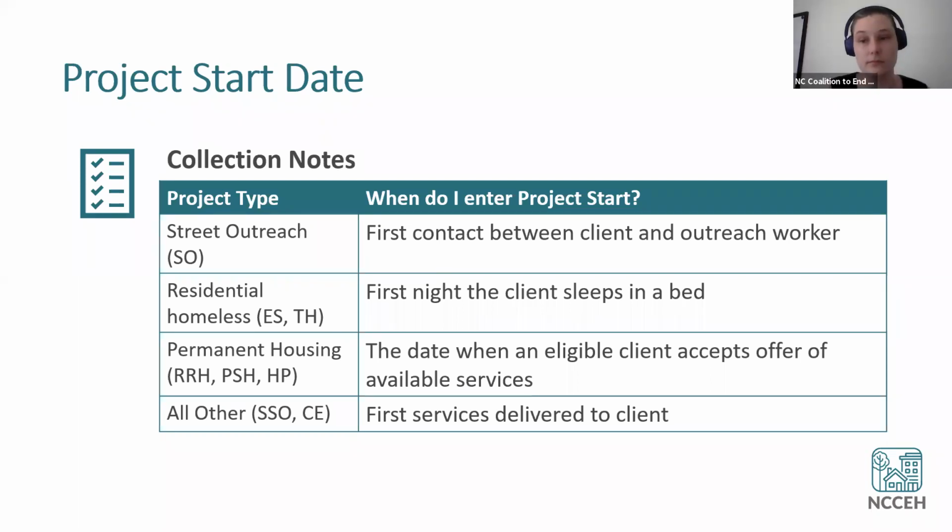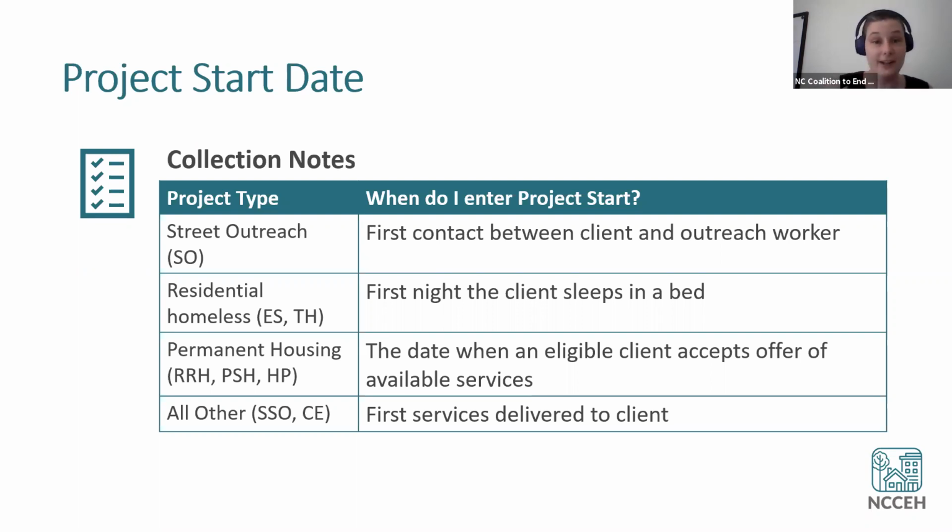Mm-hmm. Therefore, as I understand this definition, the project start date really becomes the date that the services are first available to that client. Right, exactly. So there's a difference. I think in that scenario, Lloyd, you might have the client on the waiting list, and they're ready, right? Like they're document ready.